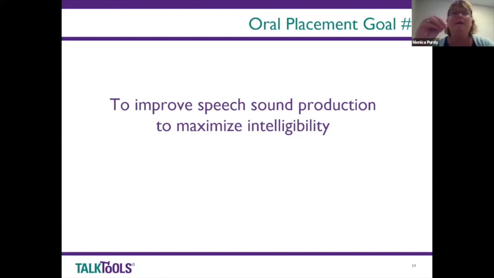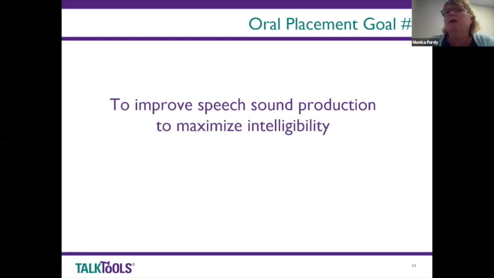I might have them practice side placement spoon feeding in order to work on that movement. And then I'm going to put that movement into production. So I'm constantly looking at sensory, motor, movement. Everything I do is that.